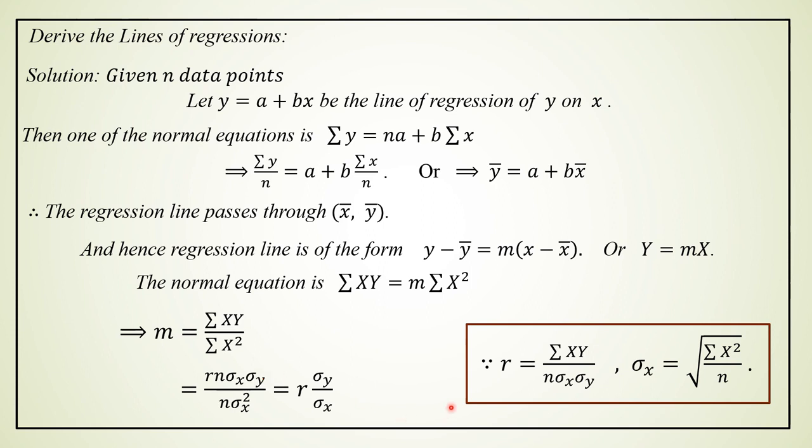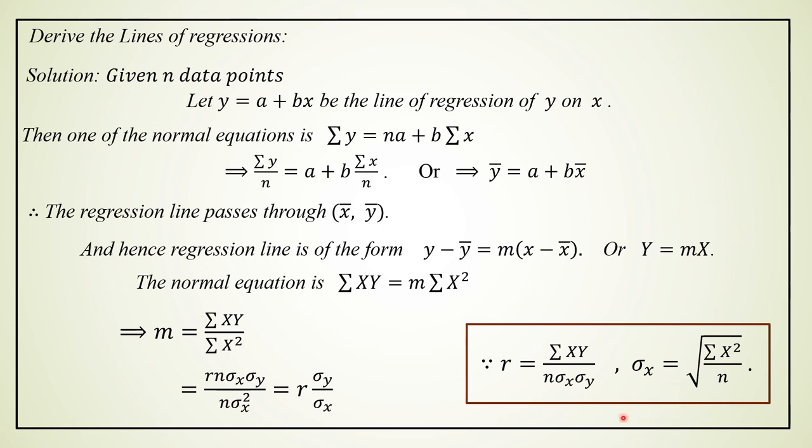We know that the coefficient of correlation is given by the formula r is equal to summation of xy divided by n into sigma x into sigma y. The value of sigma x can be calculated using the formula sigma x is equal to square root of summation of x square divided by n.